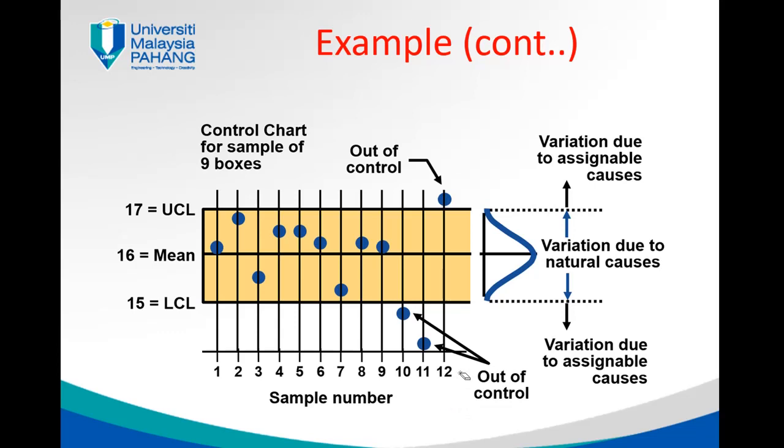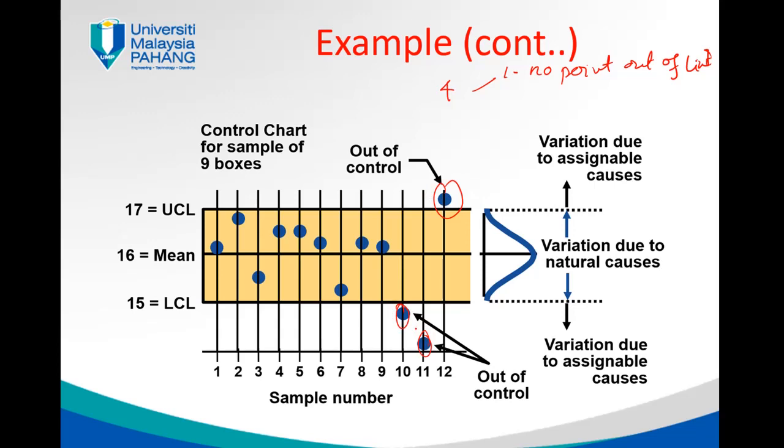Remember the 4 criteria that we need to observe to conclude whether the process is within the limit or not. Number 1 is no point out of limit. Here we already find out that there are 3 points out of the limit.